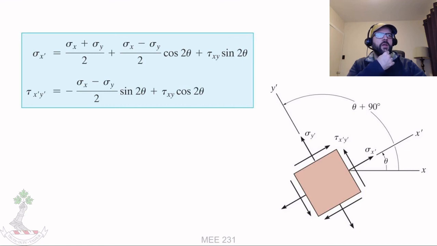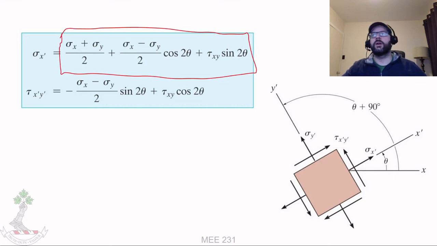So combining other stuff together, more trig identities, we can reduce it down to these two formulas.